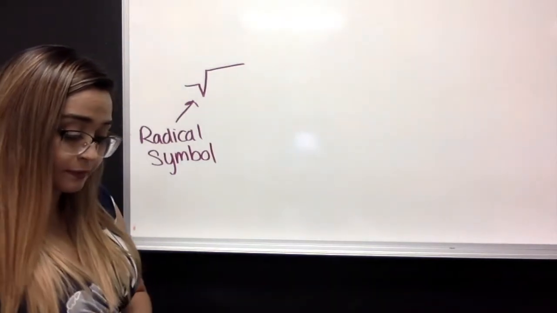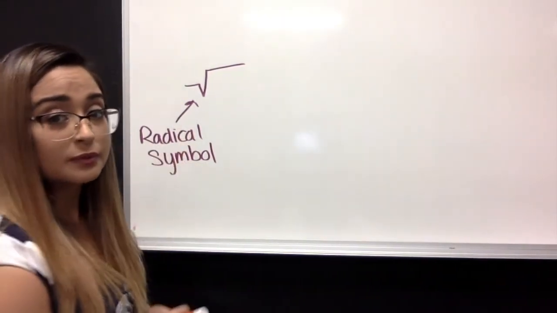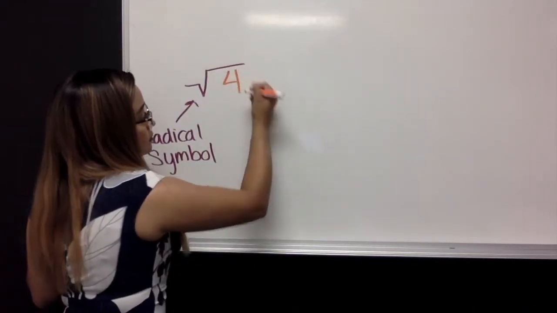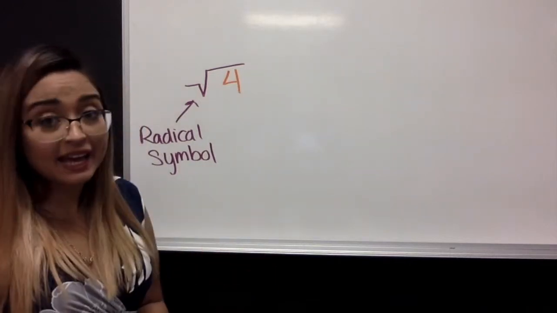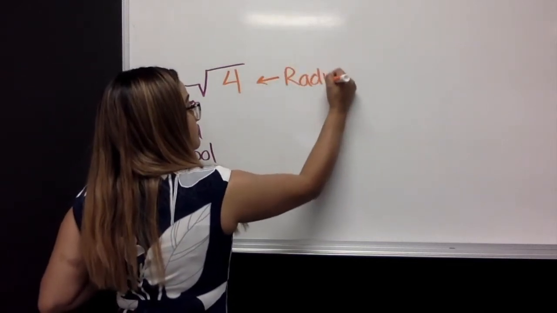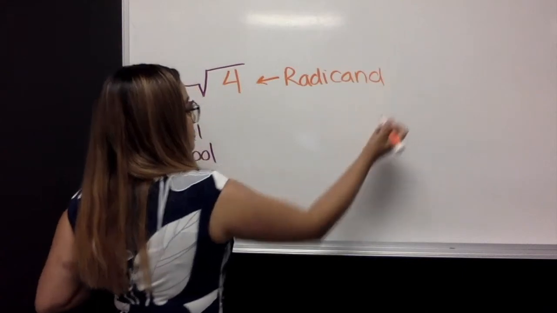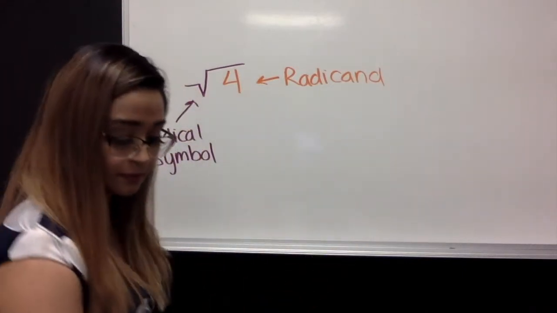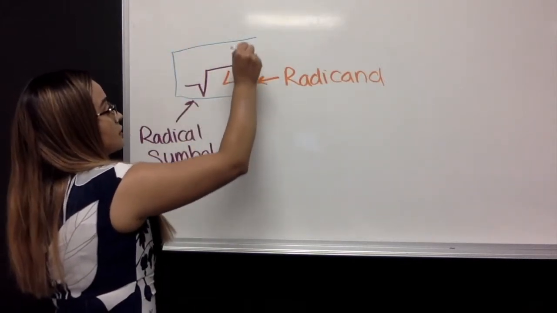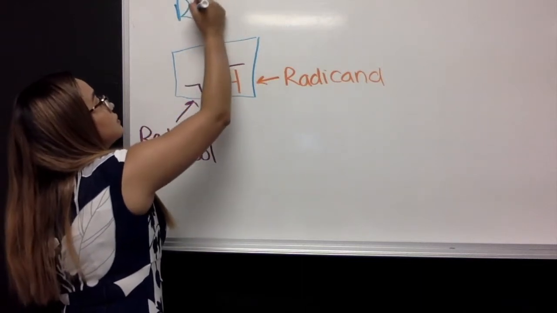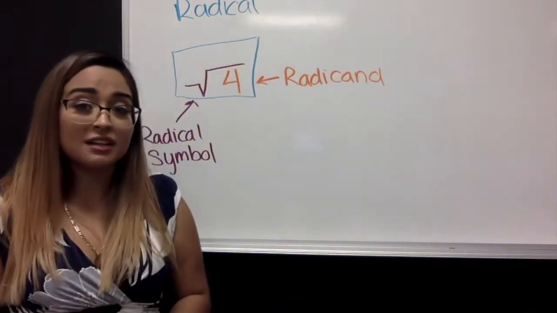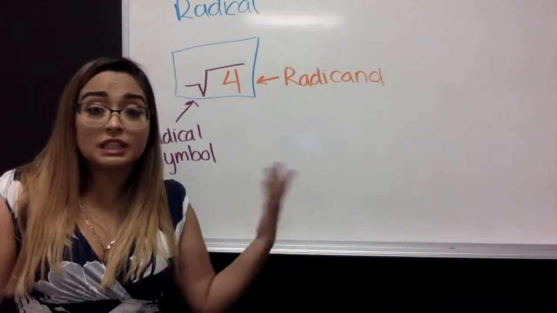Now, what's inside of the radical symbol is called a radicand. And this whole thing is called a radical. Okay? That's just some math terms I wanted you guys to keep in mind.